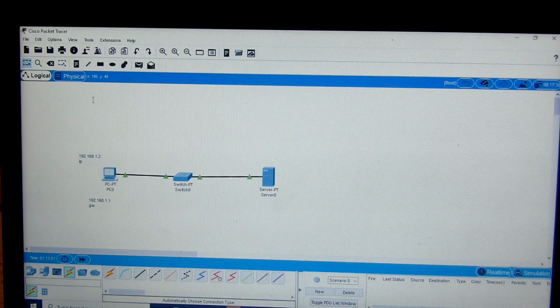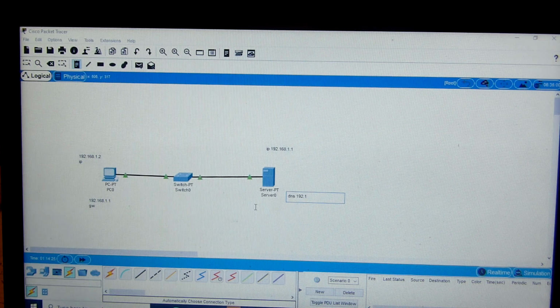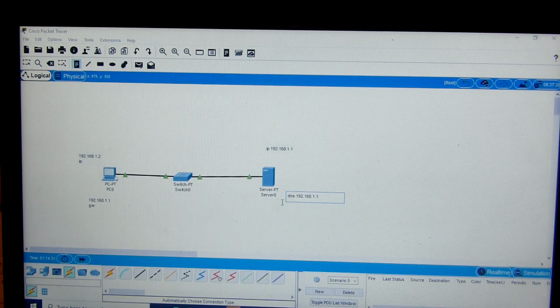and for this one too we have an IP address, 192.168.1.1, the IP, and then the DNS server, 192.168.1.1.